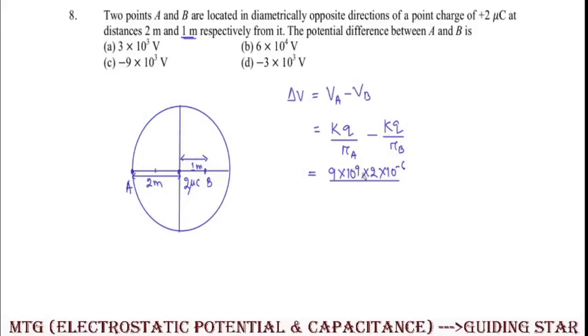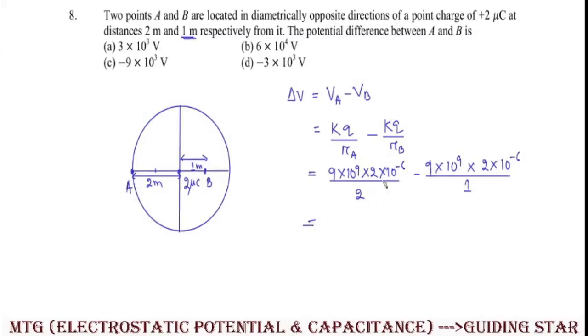Clear? So finally RA we take as 2 meters, so minus 9 into 10 to the power 9, Q is 2 into 10 to the power minus 6, all divided by RB is 1.